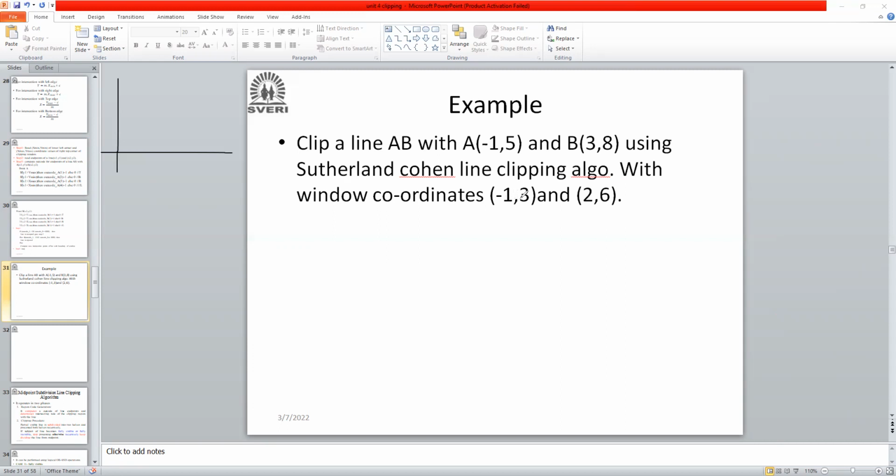So the coordinates are -1, 3. It's about x, and y.